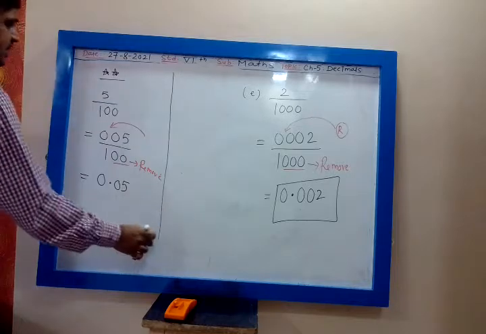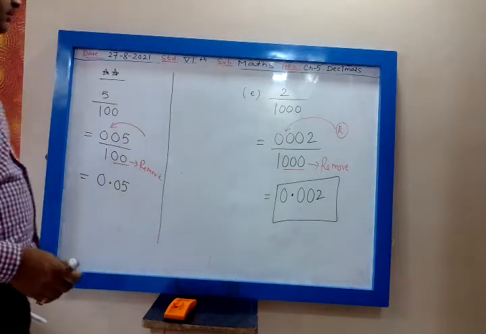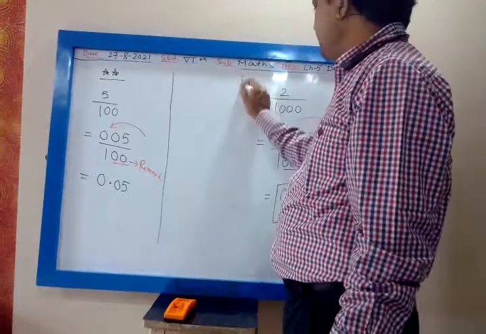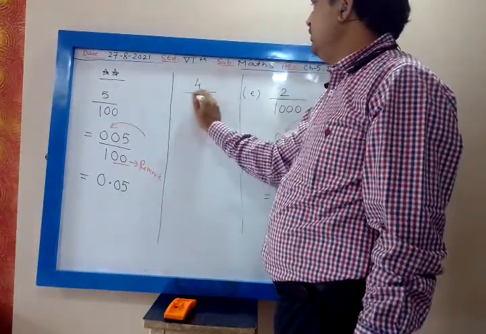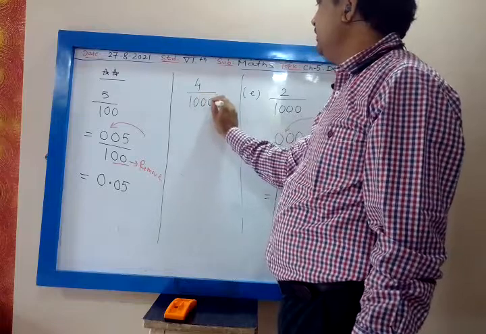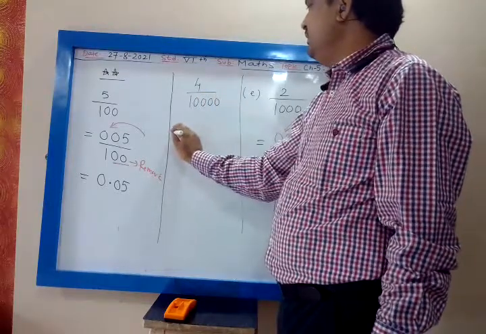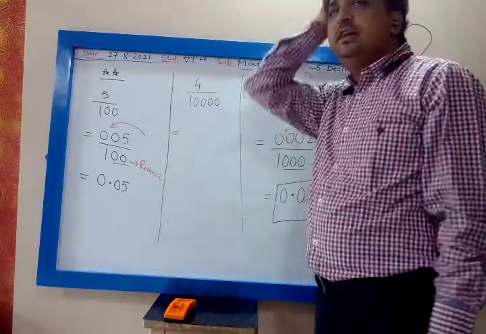Write this down. These are practice problems. One more question you try. 4 upon 10,000. Place the decimal.